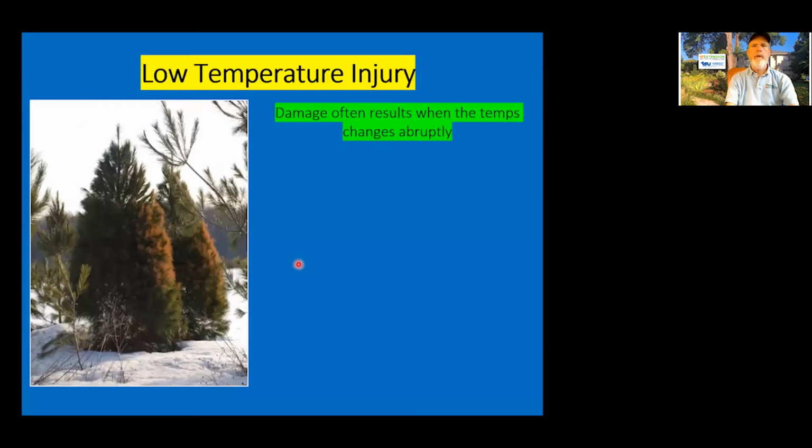Sometimes coming out of winter, we'll see low temperature injury. Often, a lot of times, it'll be warm in the winter, and you'll get some new growth. And then in the spring, we'll get this really hard freeze. We might get some of that damage happening right now because we had 70-degree temperatures a couple weeks ago or last week. Now that stimulated new growth.